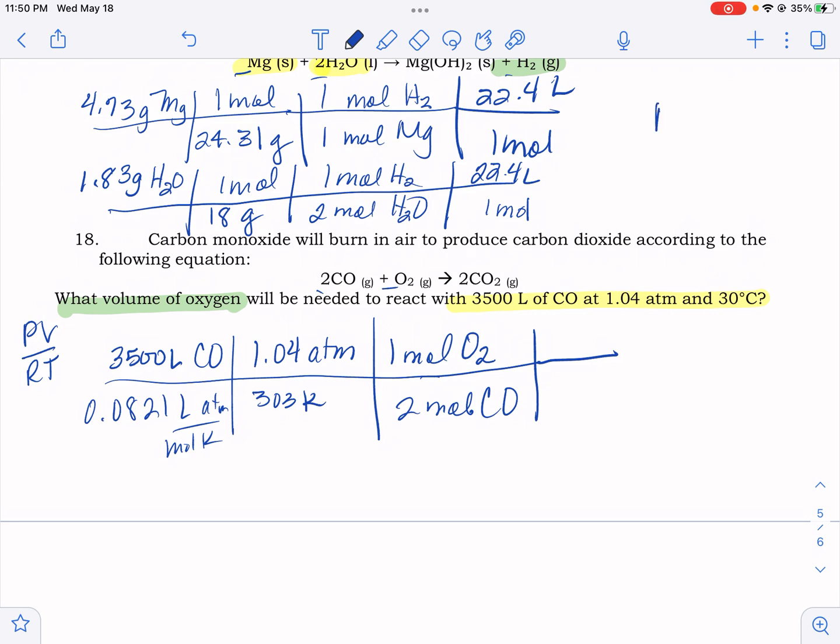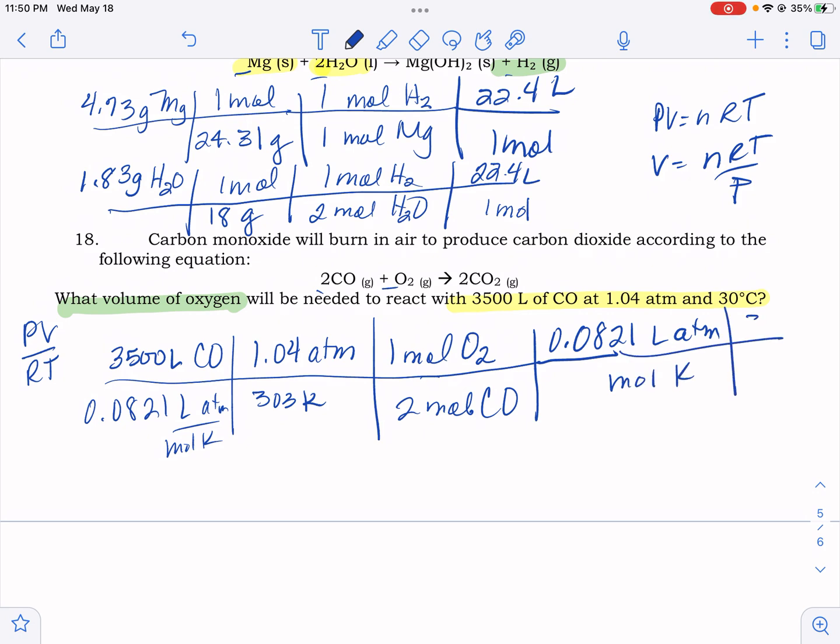So I'm going to use PV equals nRT, but this time I'm going to solve for volume. So we're in moles. That means I need to multiply that times 0.0821 liter atmospheres over mole Kelvin times temperature, which we said was 303 Kelvin, and pressure, which is 1.04 atm.